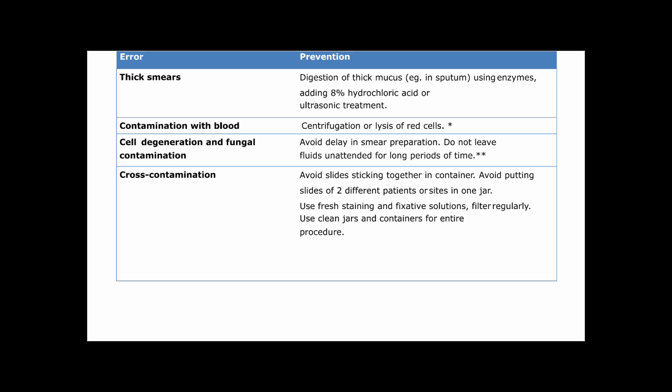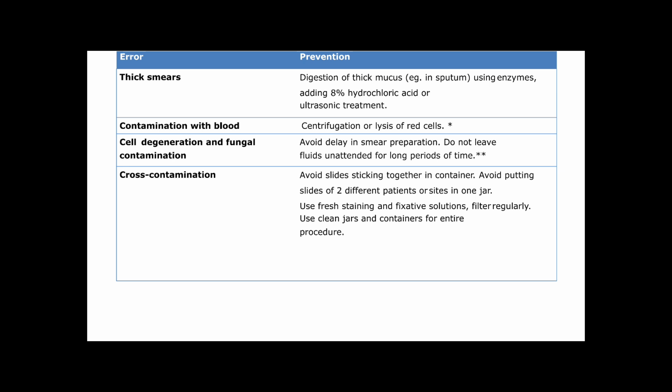So when we consider cell denaturation and fungal contamination, fluid should not be kept unattended at room temperature. Refrigeration can preserve fluid for varying lengths of time. Specimens with a high mucus content such as sputum, bronchial aspirate, or mucosal fluid can be preserved for 12 to 24 hours.